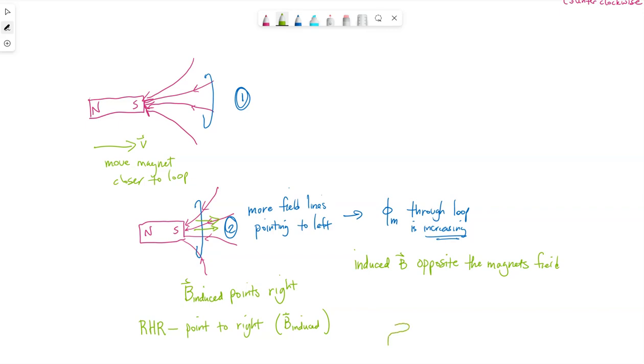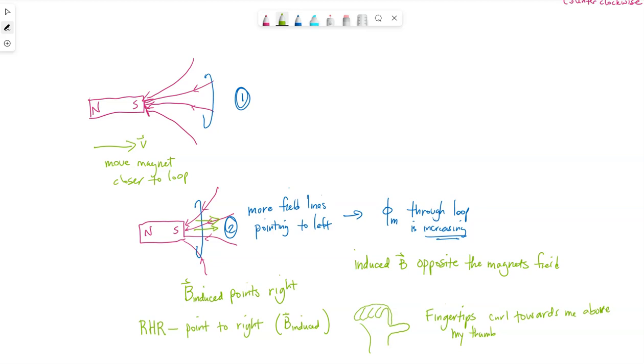If I am holding my thumb to the right and let my fingertips curl, my fingertips curl towards me above my thumb.